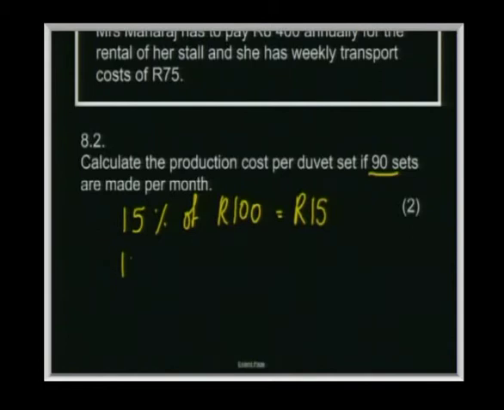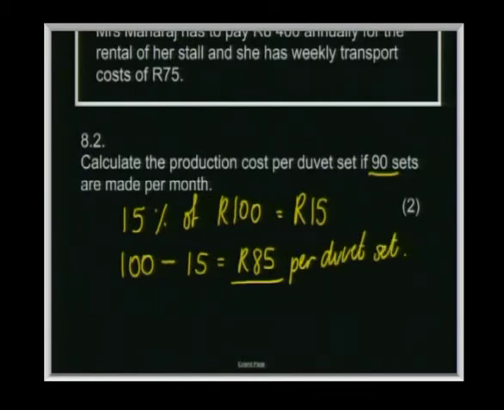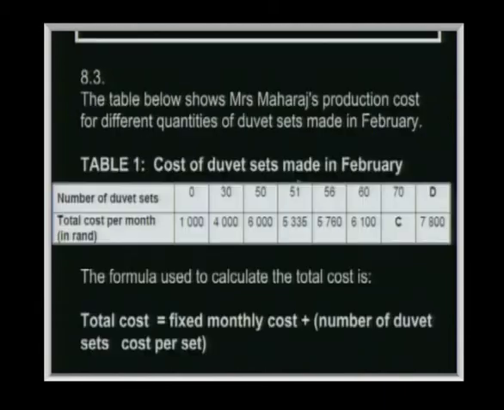So I'm going to say my 100 Rand minus the 15 Rand is equal to 85 Rand per duvet set. And obviously that's only the ones that are over 50. So calculate the production cost per duvet set if 90 sets were made per month. So if I was making 90, my production costs would be 85 Rand, which is the answer.